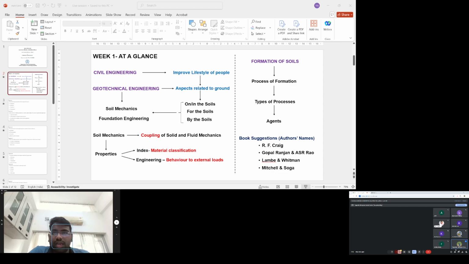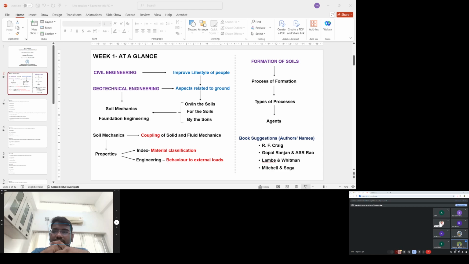So, aspects related to the ground. In my phrase, I would like to reframe Abraham Lincoln's famous quote on democracy. Similarly, geotechnical engineering is for the soils, and by the soils.